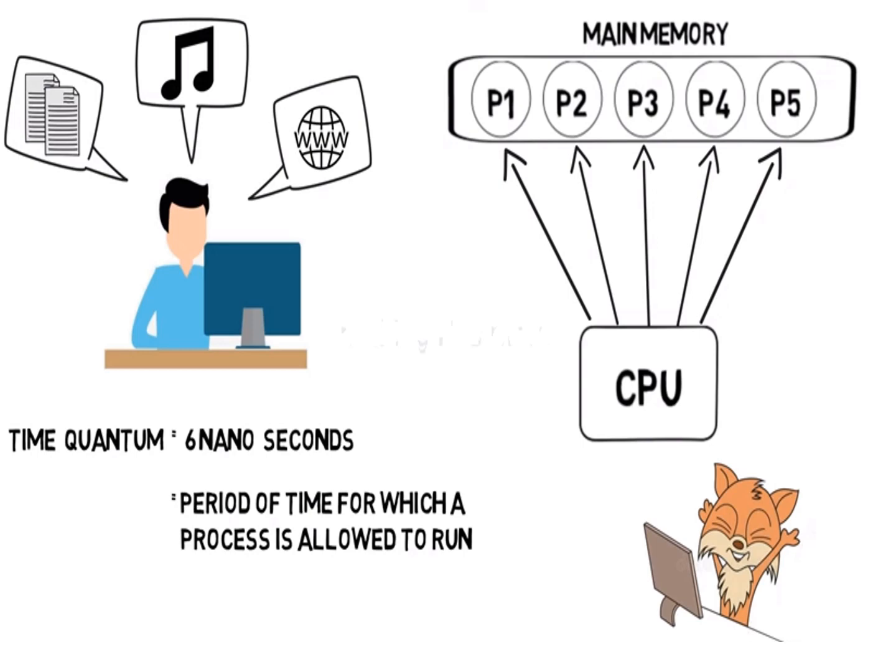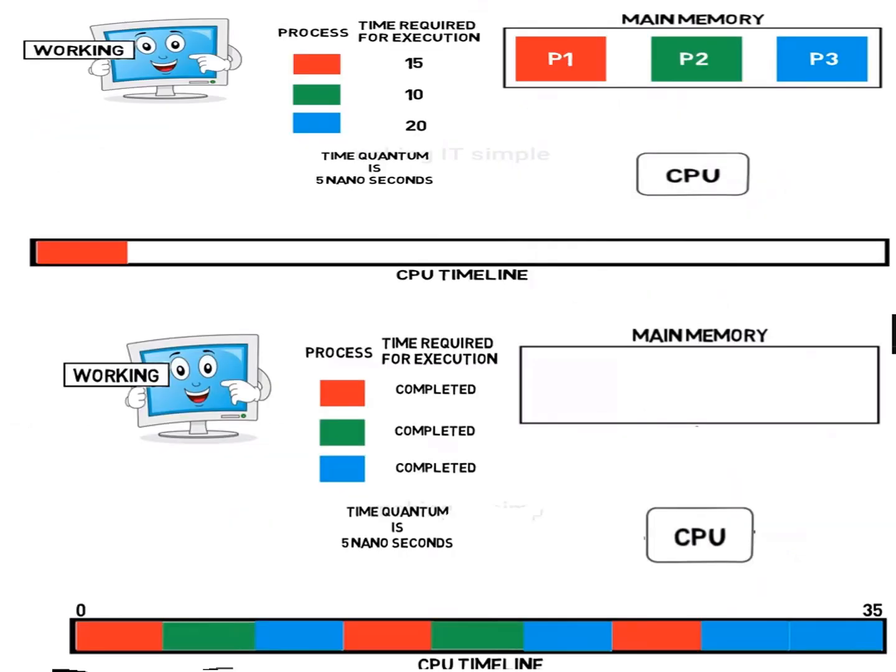Okay, now we can see an example. The time requirement for process execution is 15 for process 1, 10 for process 2 and 20 for process 3. The time quantum allotted for each is 5 nanoseconds.